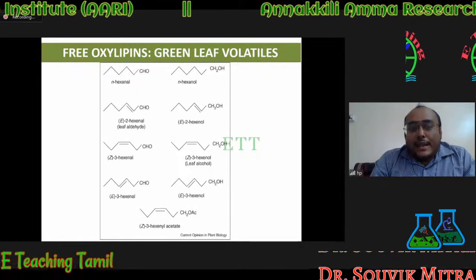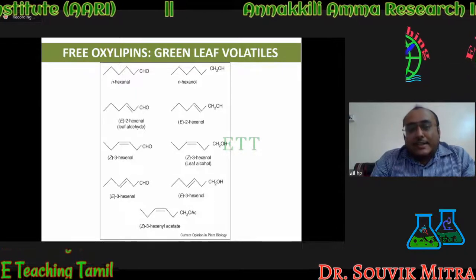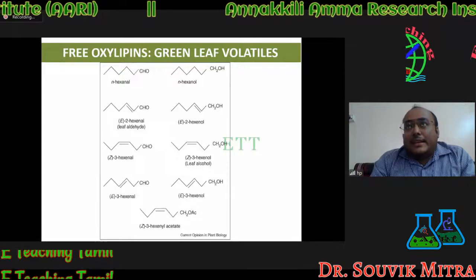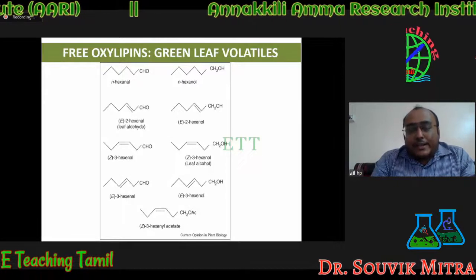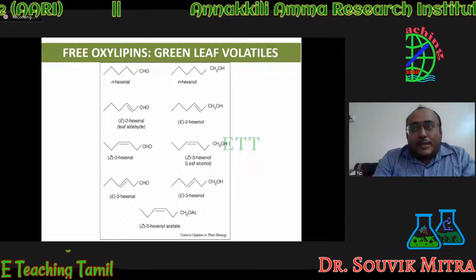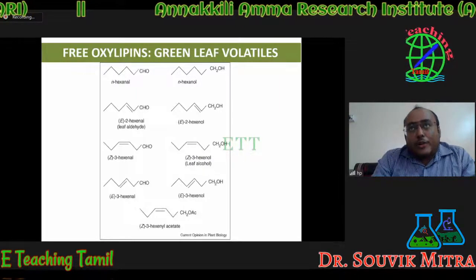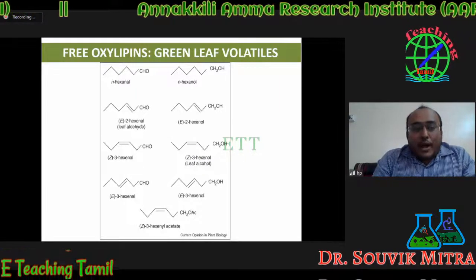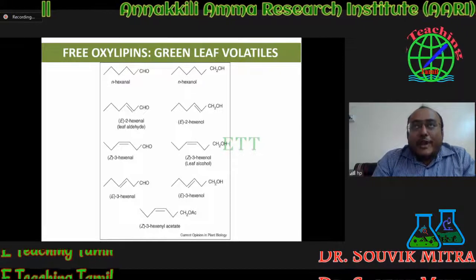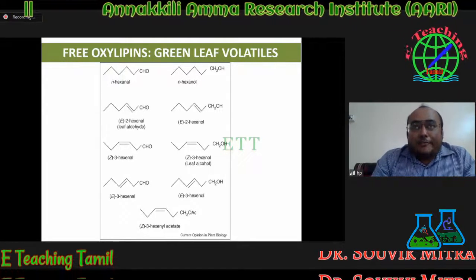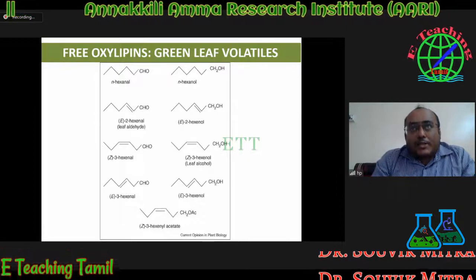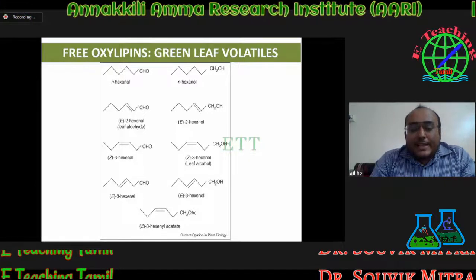That is why they are termed green leaf volatiles. They are one group of oxylipins, in free form and of low molecular weight. Modified fatty acids and their cleavage products are all together considered free oxylipins.